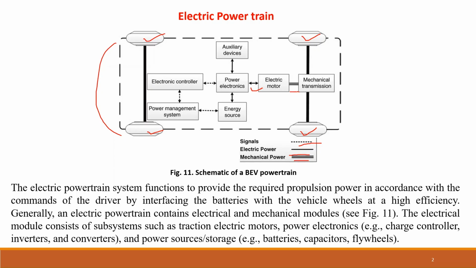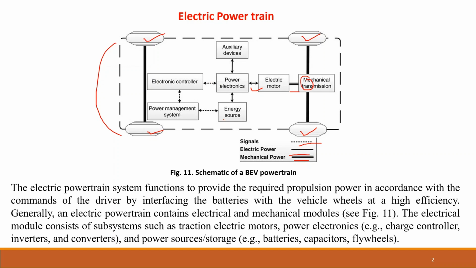So, an electric powertrain system functions to provide the required propulsion power in accordance with the commands of the driver by interfacing the batteries with the vehicle wheels at a very high efficiency. And the electric powertrain, as we can see, consists of mechanical transmission and several electric modules.